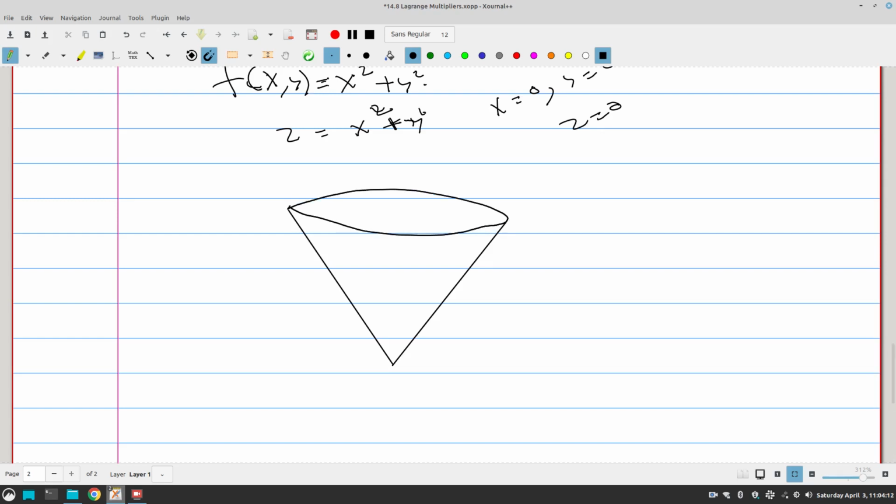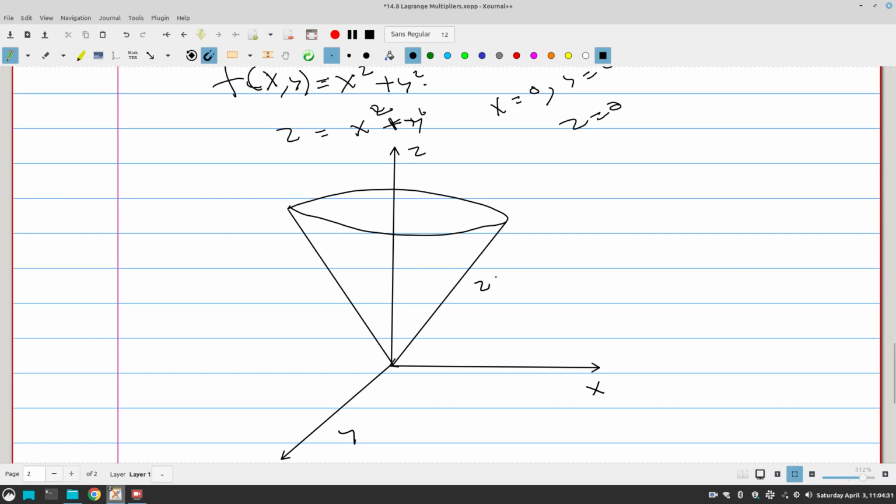This is your cone. Of course, at the origin, you set the axes, z, y, x. Right.